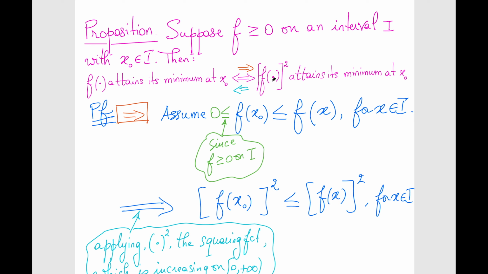And vice versa. If the square of the function is attaining its minimum at some point on the interval I, then f is going to attain its minimum at that very same point. Under the assumption, don't forget, that f is non-negative.